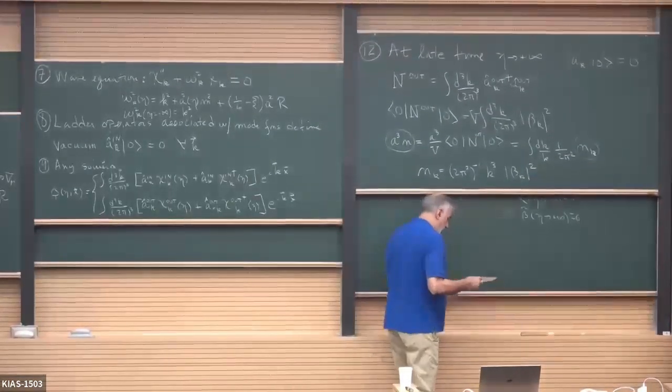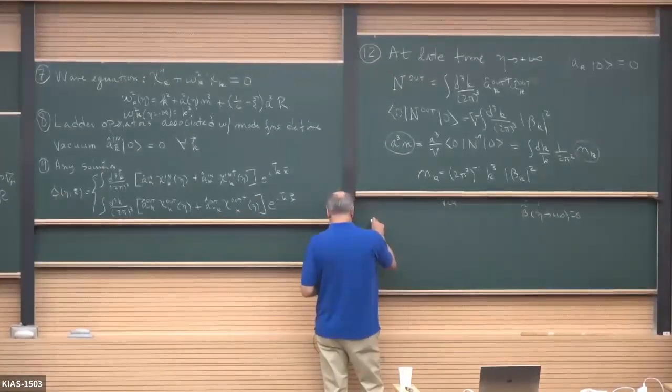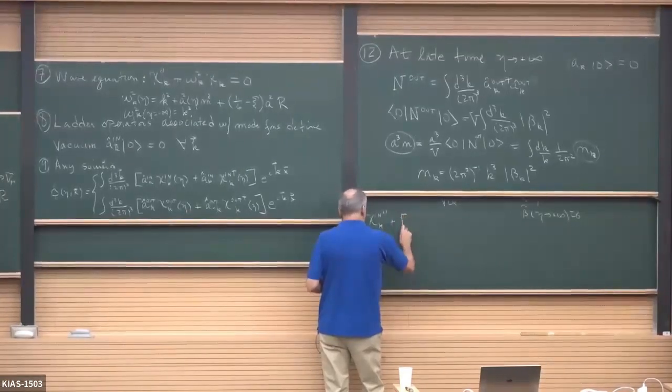then what you would get from the wave equation is chi k in double prime plus extra terms.